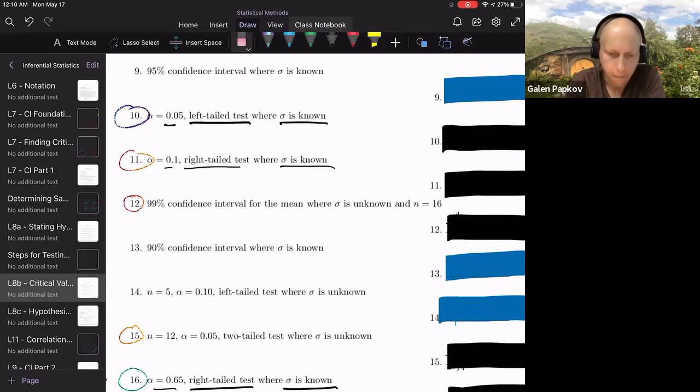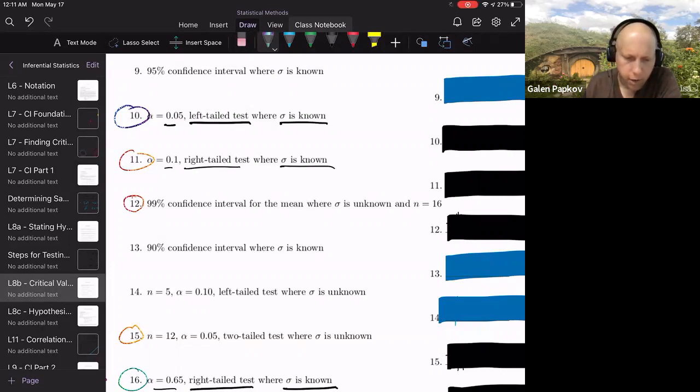So for 10, here we've got alpha is 0.05. It's a left-tailed test. Sigma is known. So Z table, we want a negative value here.